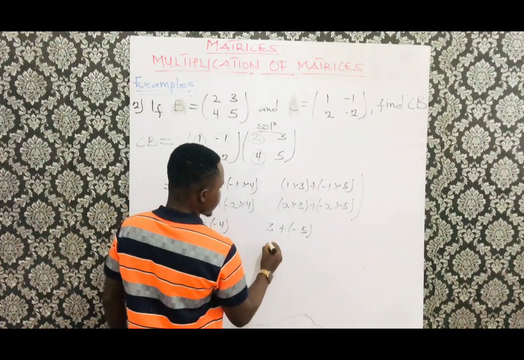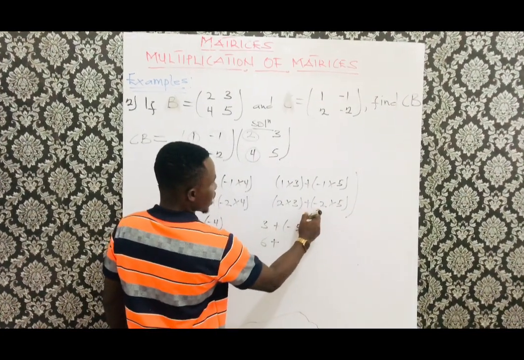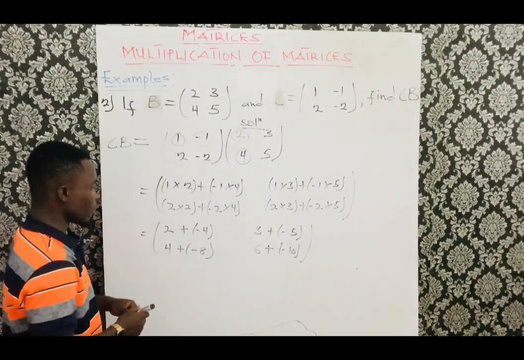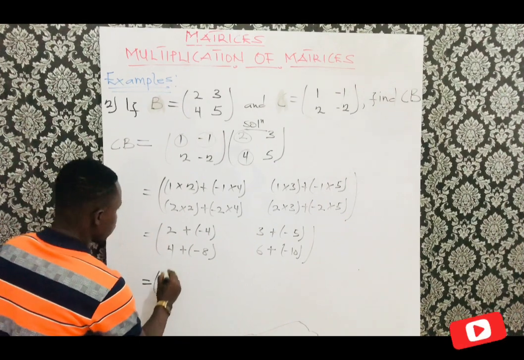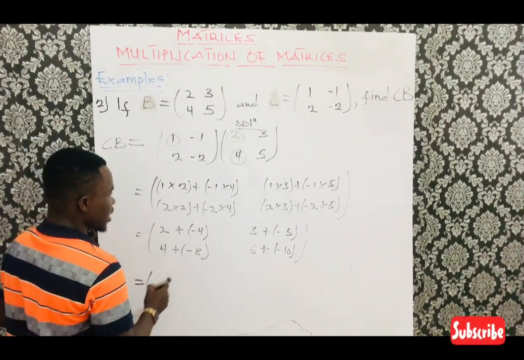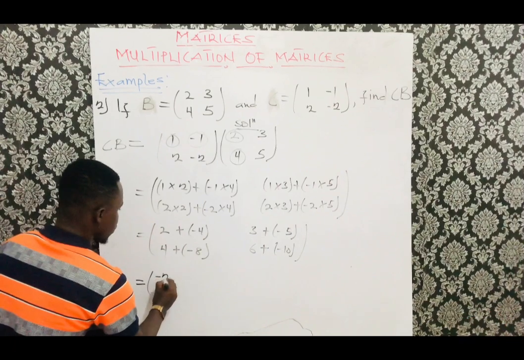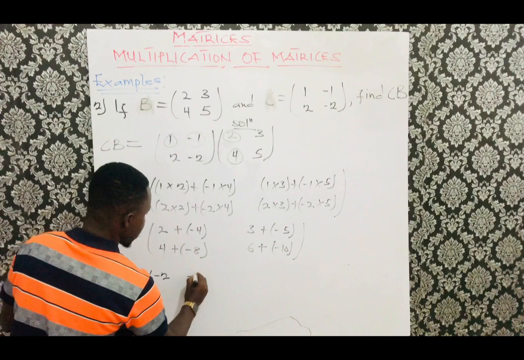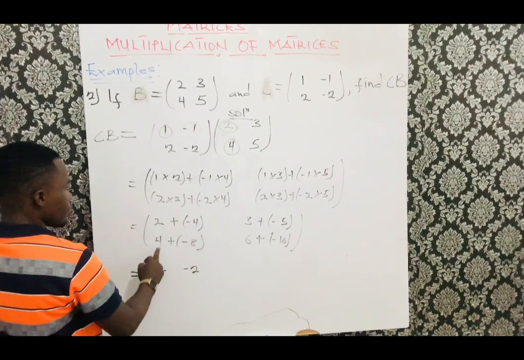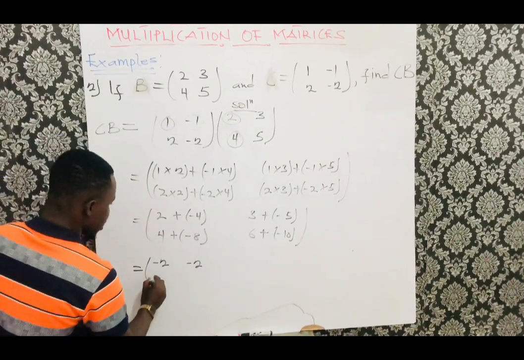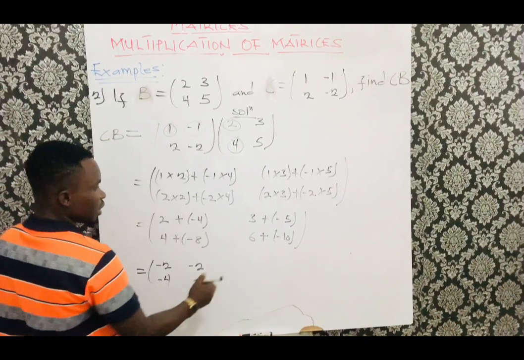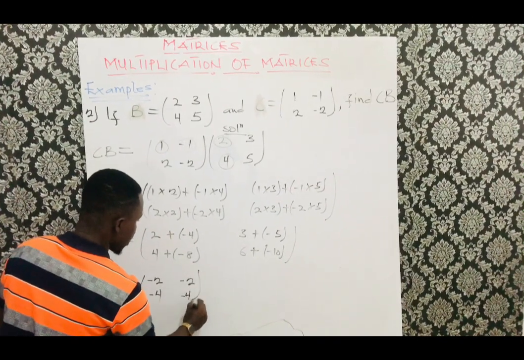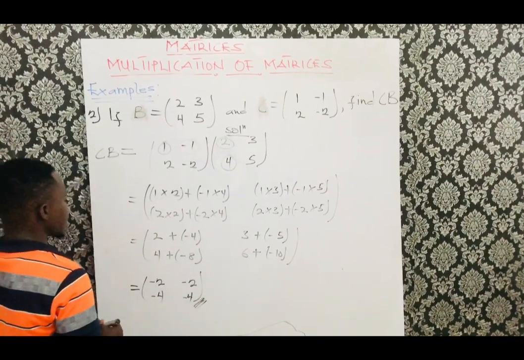Then we have 2 times 3 gives us 6 plus negative 2 times 5 gives us negative 10. From here you do your addition. 2 plus negative 4 gives us negative 2. 3 plus negative 5 gives us negative 2. 4 plus negative 8 gives us negative 4. And 6 plus negative 10 also gives us negative 4. Therefore, this becomes our CB.